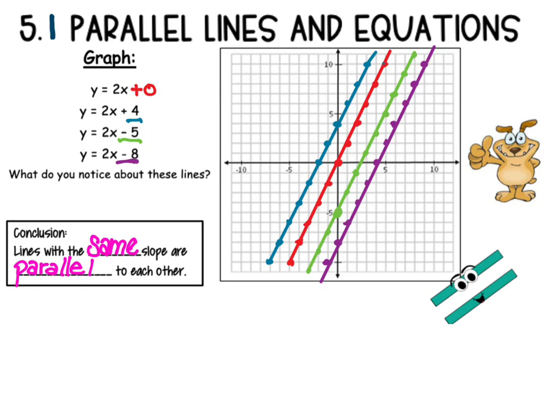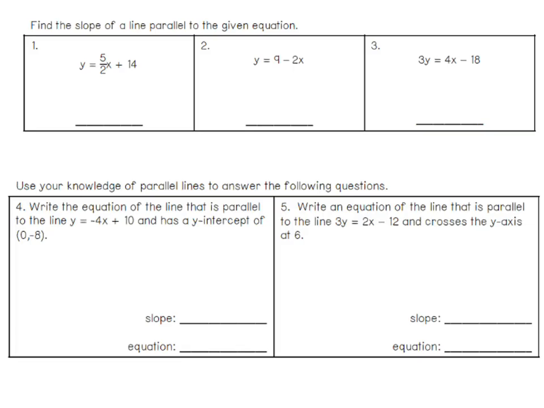Okay, so moving on. So let me just begin by saying that the slope is where you're going to look to see if two lines are parallel. So in this set of instructions, it says find the slope of a line that's parallel to this line right here.